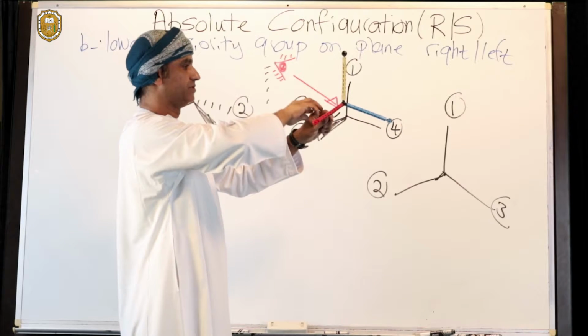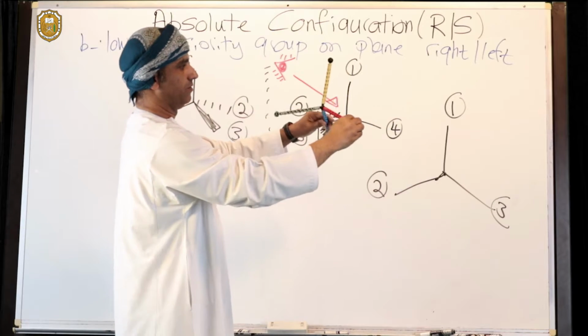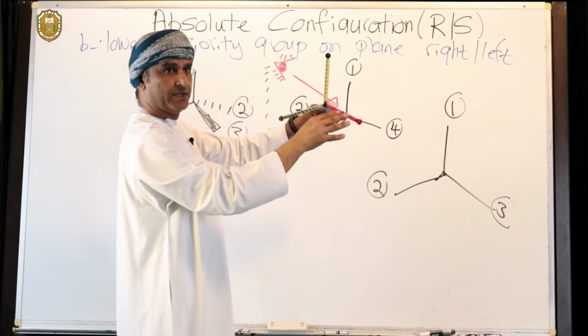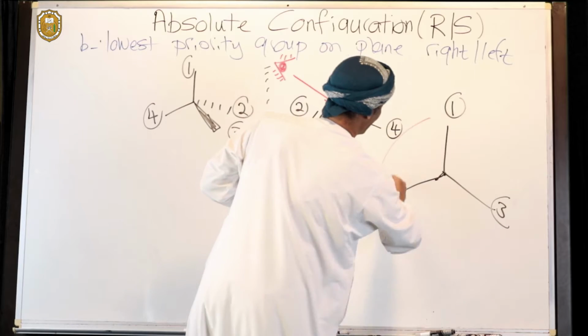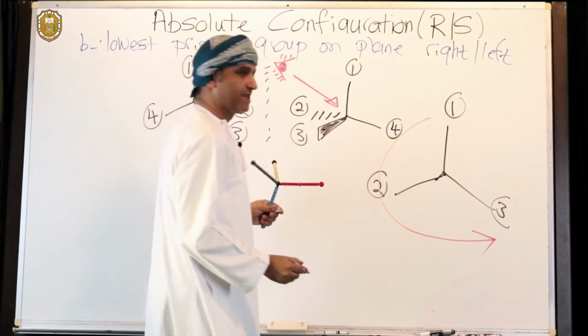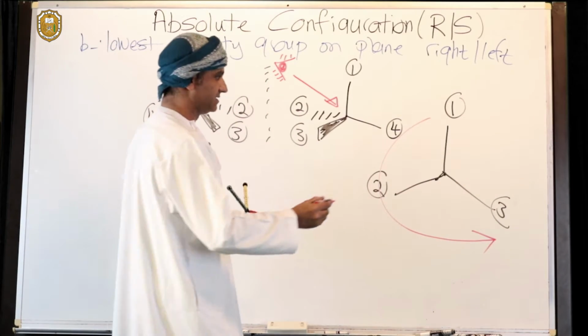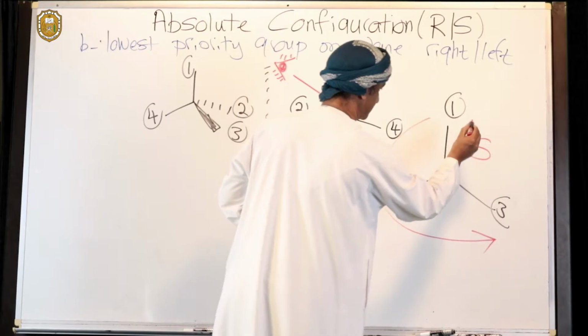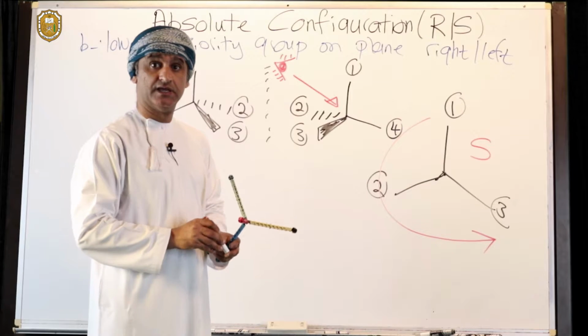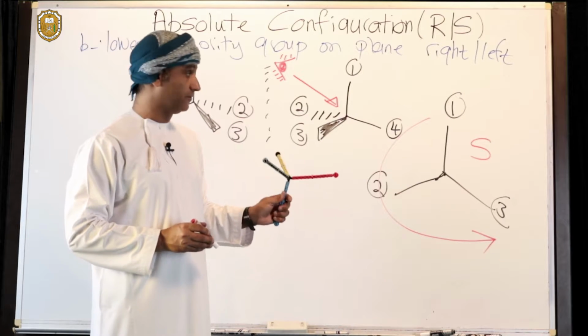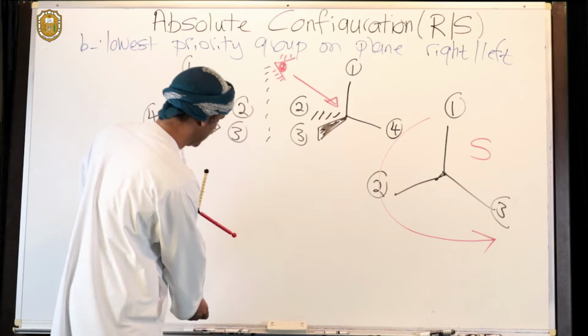So it's 1 and 2 and 3. And if you check rotation, it is counterclockwise, and it is therefore an S configuration. So this is an S configuration here for this specific enantiomer, if you like, or for this specific chiral center.